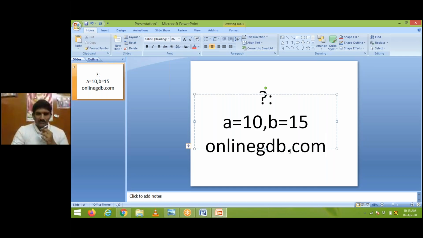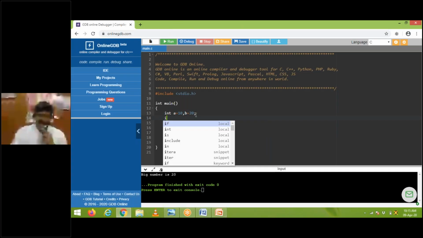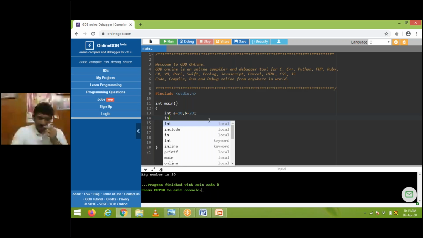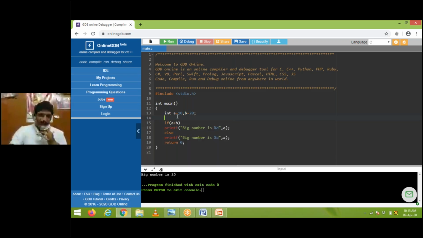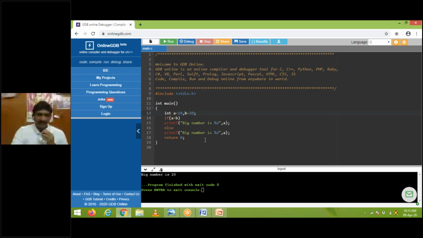It is very useful for you because it is like an IDE. For example, if you would like to type int, you can type I, and then int, include, all will be displayed here. So it is much easier to write and run programs. This platform is very useful for you. You can also check it after the completion of the class.